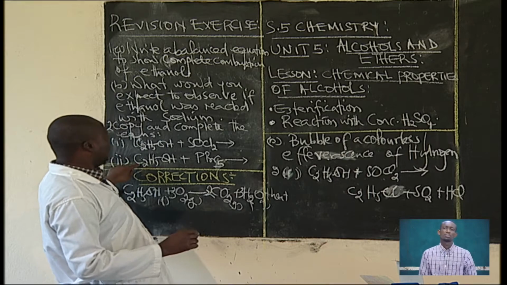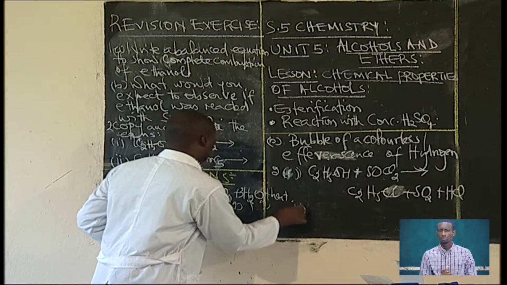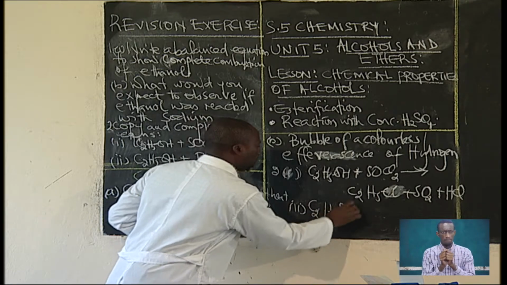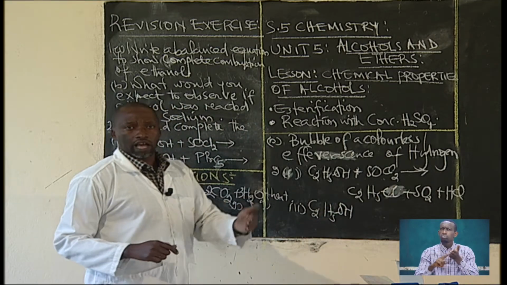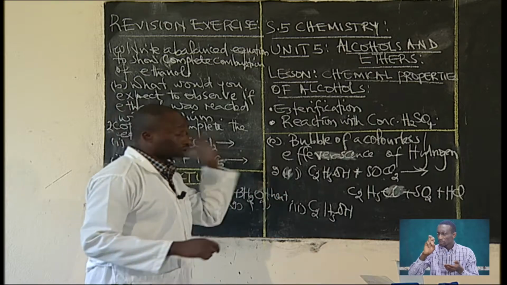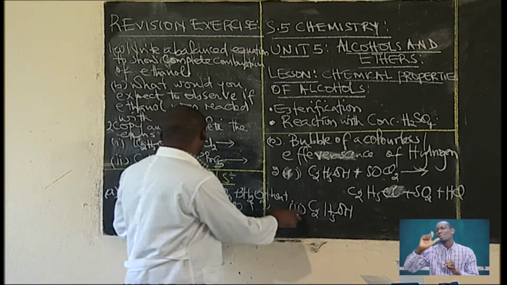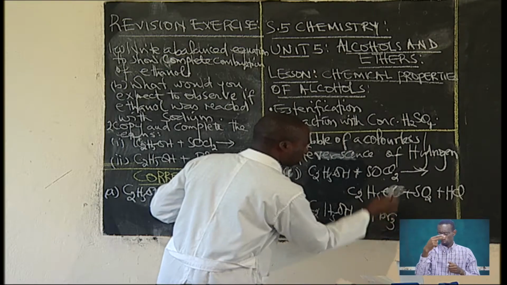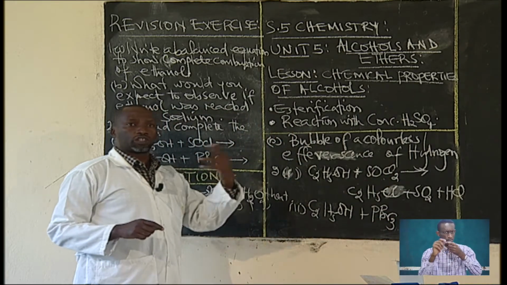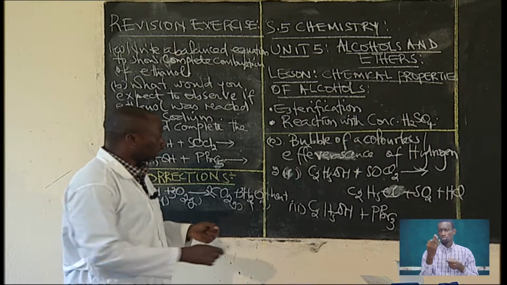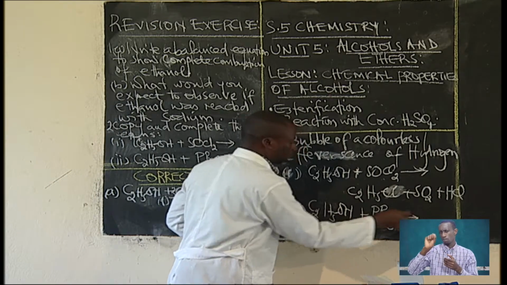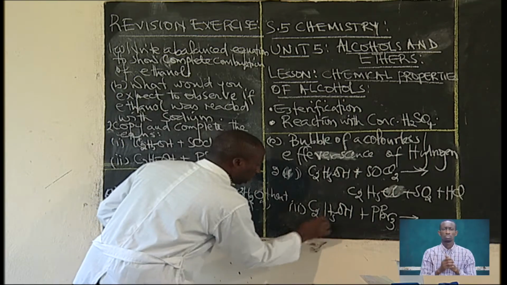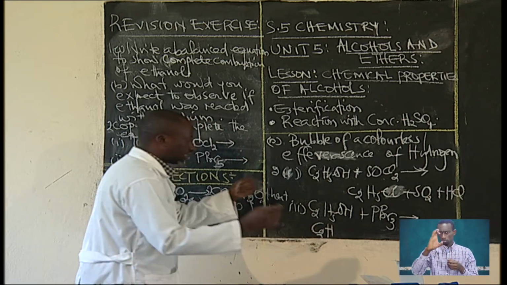Roman number 2, we have ethanol still combining. We use ethanol to represent other alcohols. So when we are using ethanol, remember, it is representing other alcohols. Plus, this is the phosphorus halides. All the phosphorus halides react with ethanol and then produce a nucleophilic substitution.